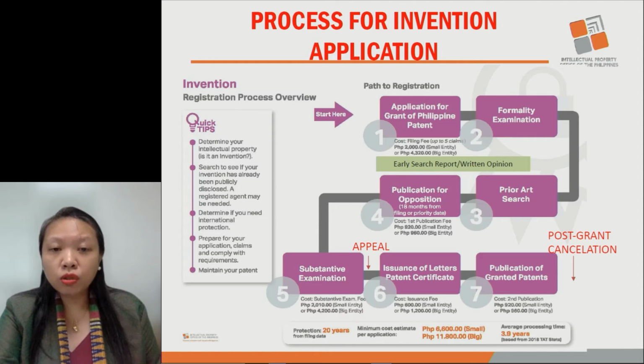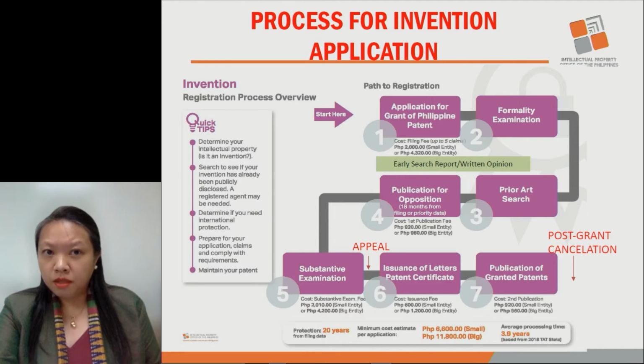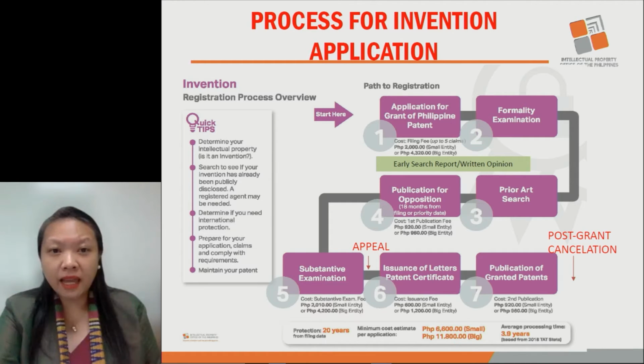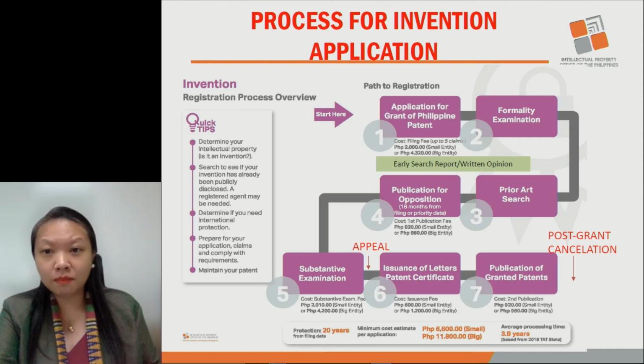And then it can also happen at the point of post-grant cancellation. This process for the invention application, as well as the appeals and post-grant cancellation, applies also to utility models, because like Indonesia, we have that also. Next slide, please.